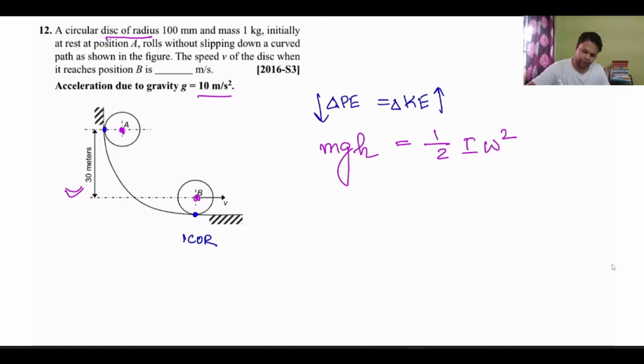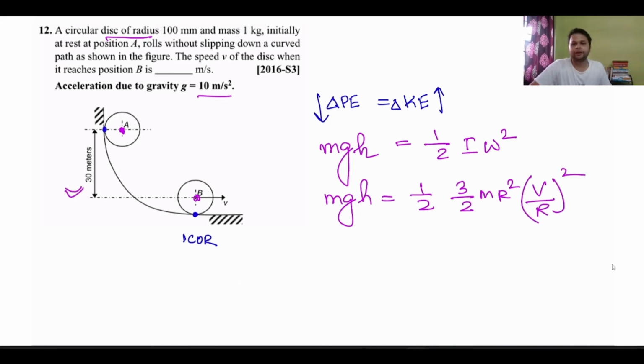Let me substitute the values. mgh is equal to half I, where I will be 3 by 2 mr square, the moment of inertia of the disk about the ICOR. So this is something you should remember. Omega, I can definitely write as V by R.